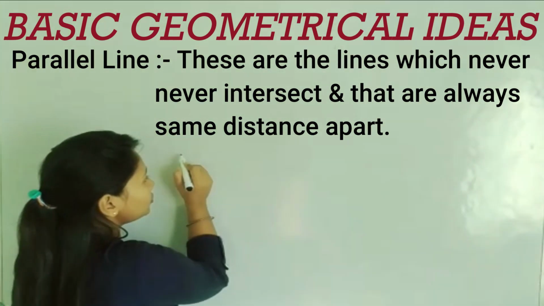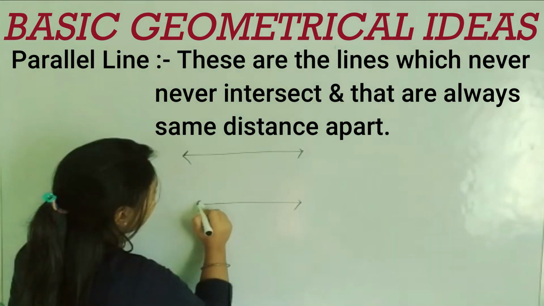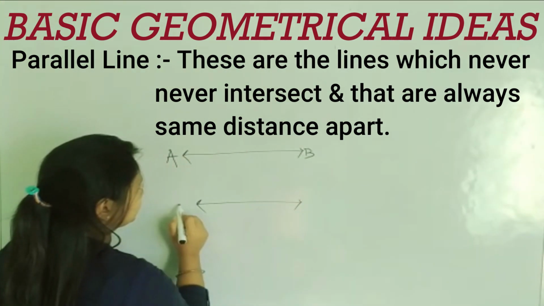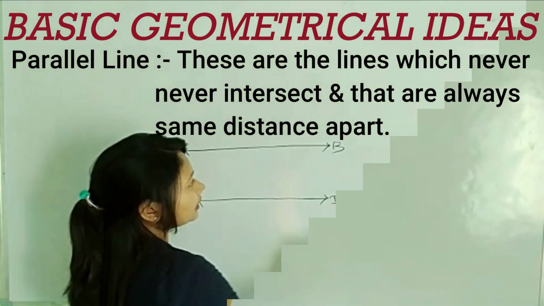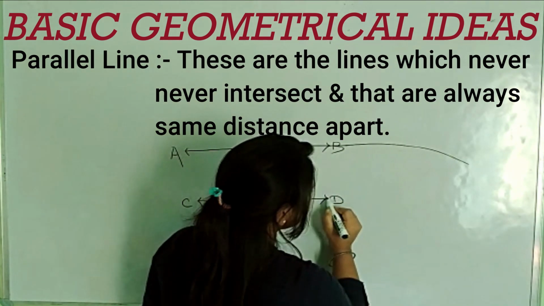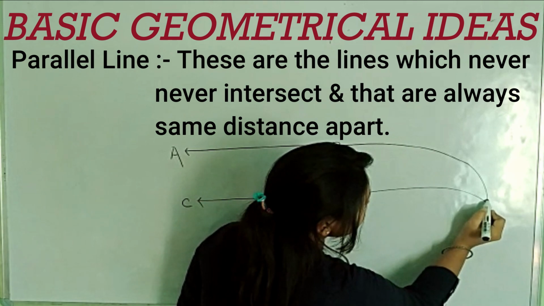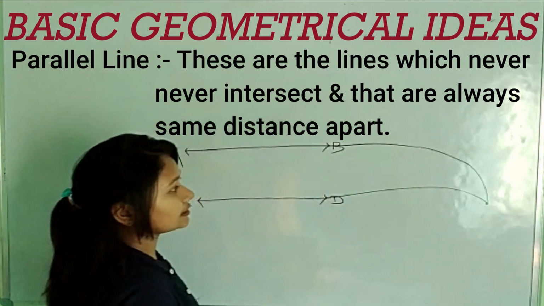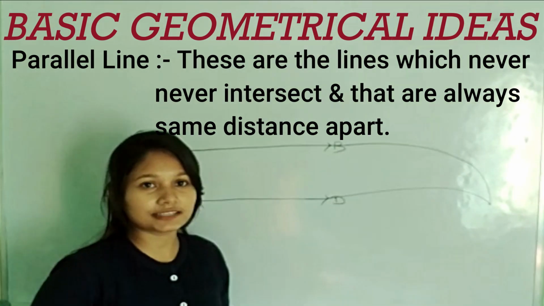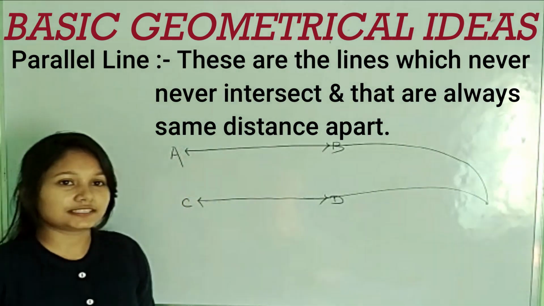Here are 2 lines in same distance and we can call it as parallel lines, right? अगर ये 2 लाइन आगे जाकर एक पॉइंट पे मिल जाते हैं और क्लोज आ जाते हैं, we cannot say it as parallel lines. Means as we know parallel lines keep same distance apart. So हम उसको parallel lines नहीं बोल सकते हैं.